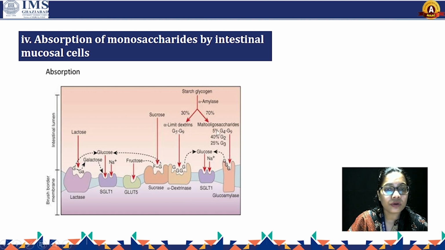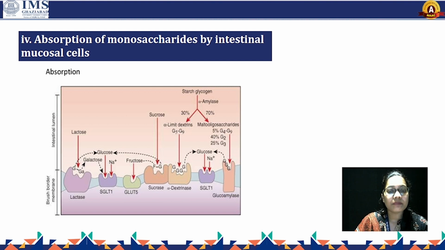alpha limit dextrin or malto-oligosaccharide. Now these, about 30 and 70 percent respectively, alpha limit dextrin and malto-oligosaccharide, are again acted on by the pancreatic amylase, and converted into glucose units, either 5 to 9 units, and malto-oligosaccharide into either 2 or 3 units of glucose, or 4 to 9 units of glucose.